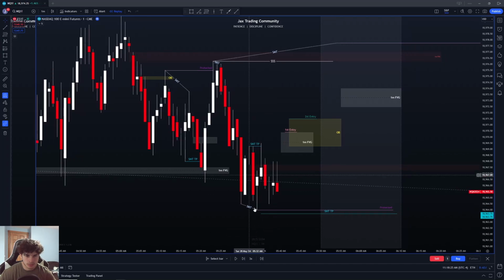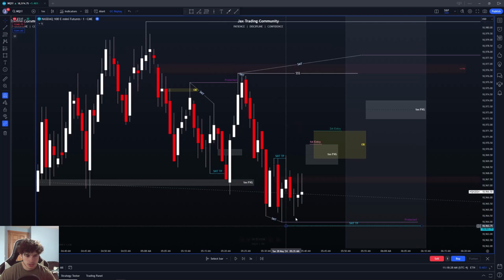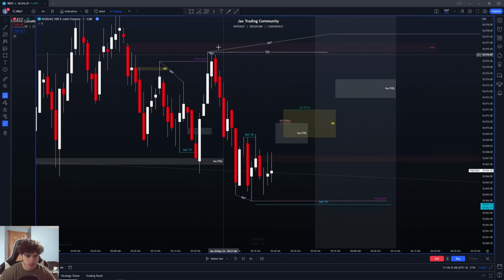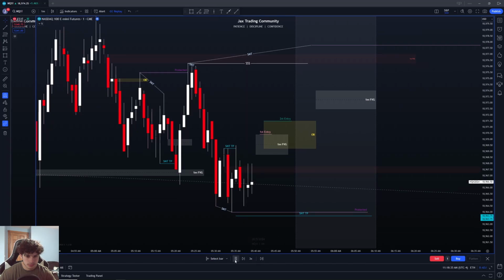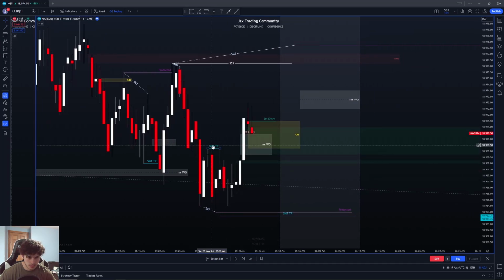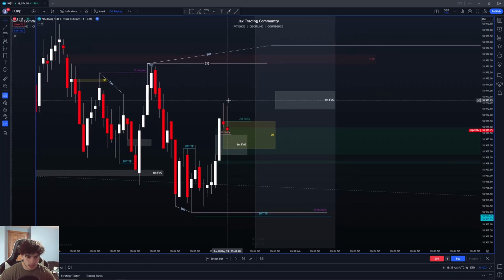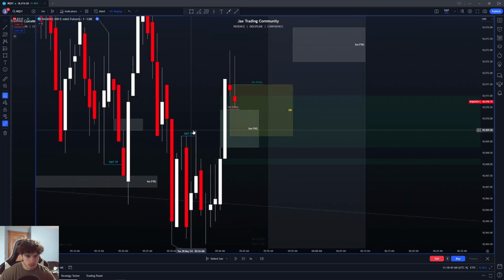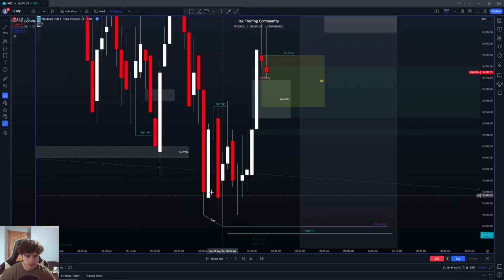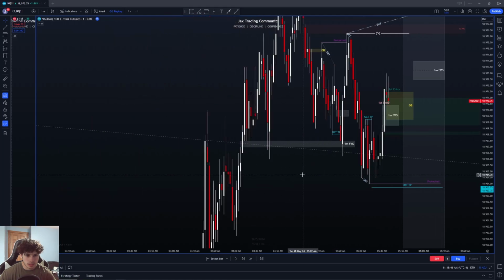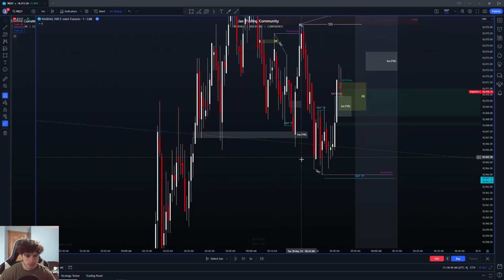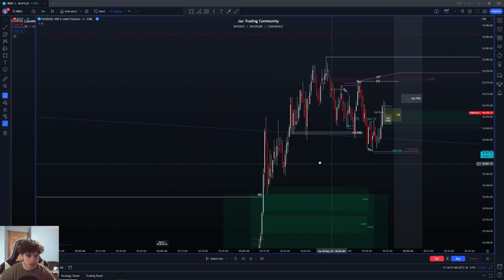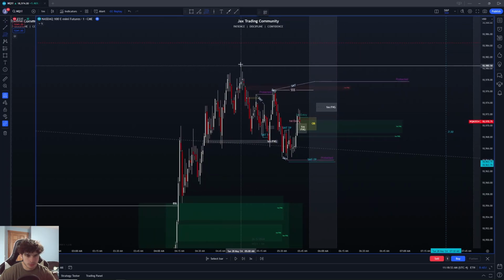And the reason this one can be hit now is because this SMT could work, because this is the swing high and we can easily retrace the discount of this leg. So right here we come up, and right here we have SMT TP hit, and let me see, out of this range right here, let's use this.